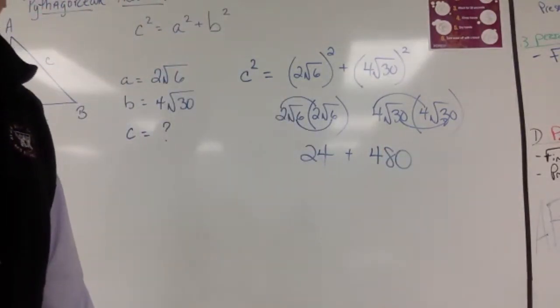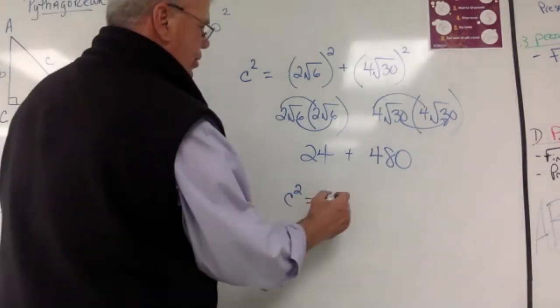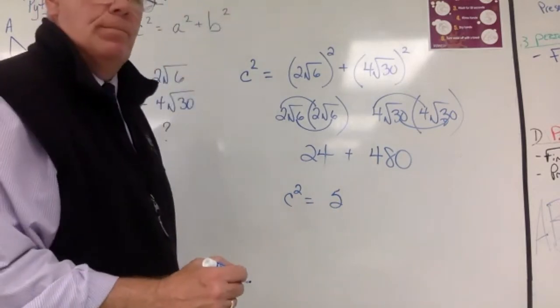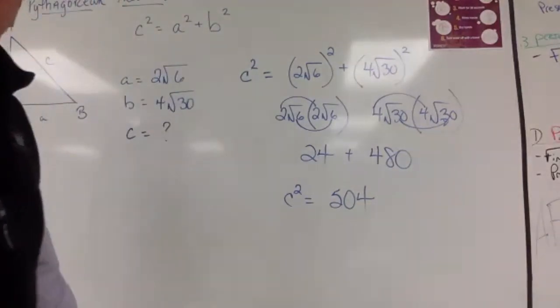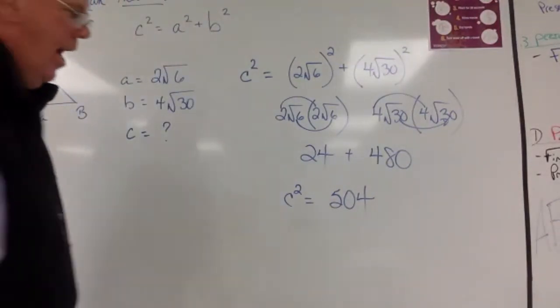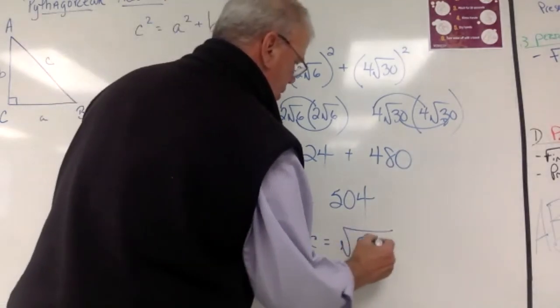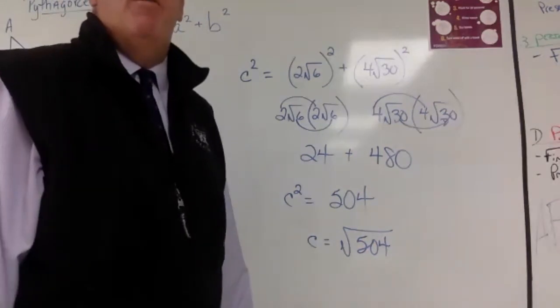That makes sense? So C squared equals 504, right? Yes. All right, so what's C? The square root of 504.